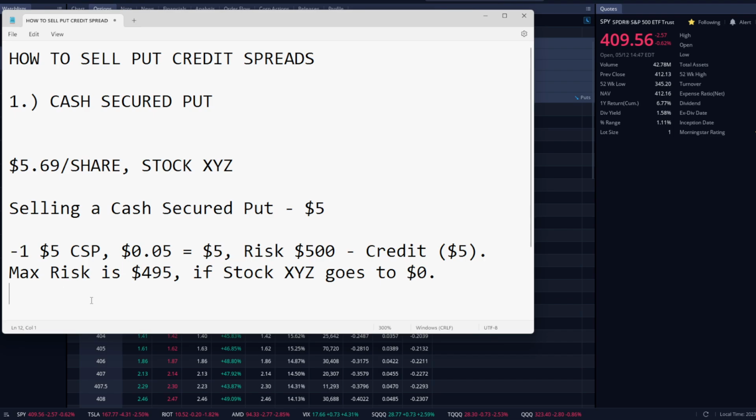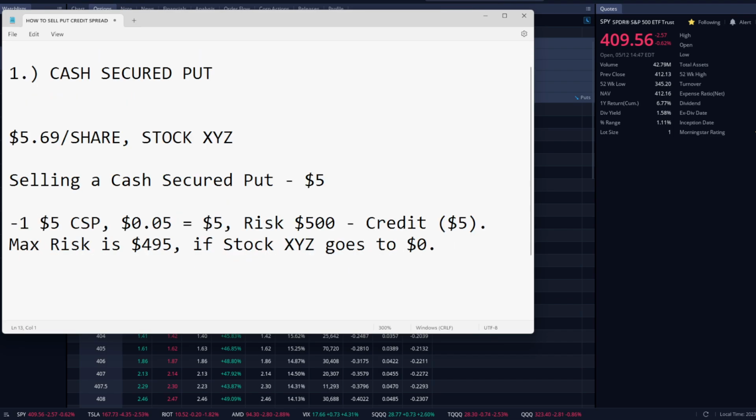If you wanted to sell a cash secured put at the 409 level on ticker symbol SPY, that's going to cost you almost $41,000 in collateral for one trade.